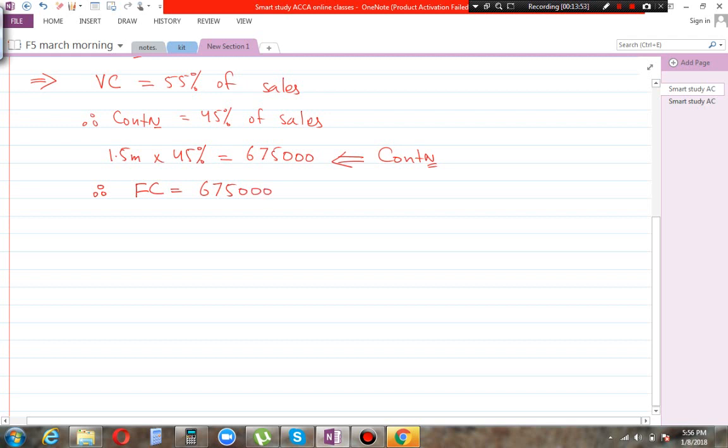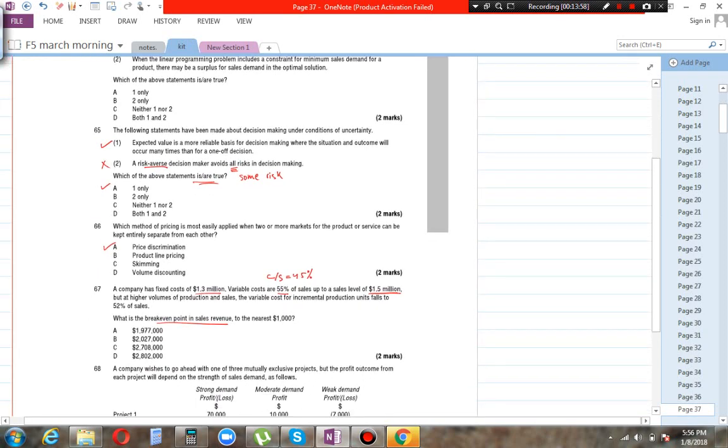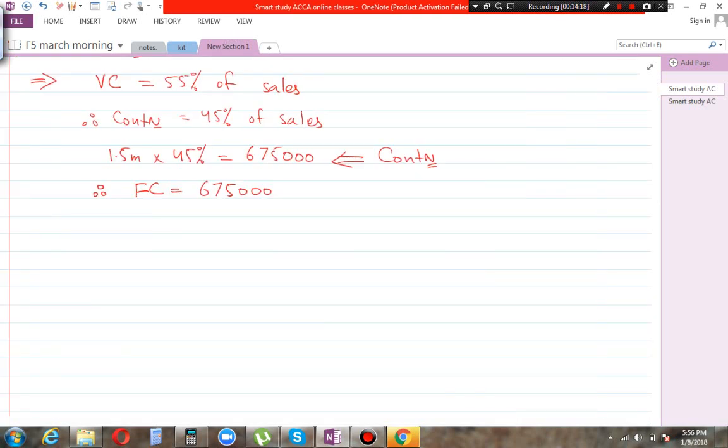But is this the total fixed cost? This is not the total fixed cost. Our question says that the company has a fixed cost of 1.3 million. So this is the fixed cost for the sales level of 1.5 million, and it means that we have some other fixed costs also.